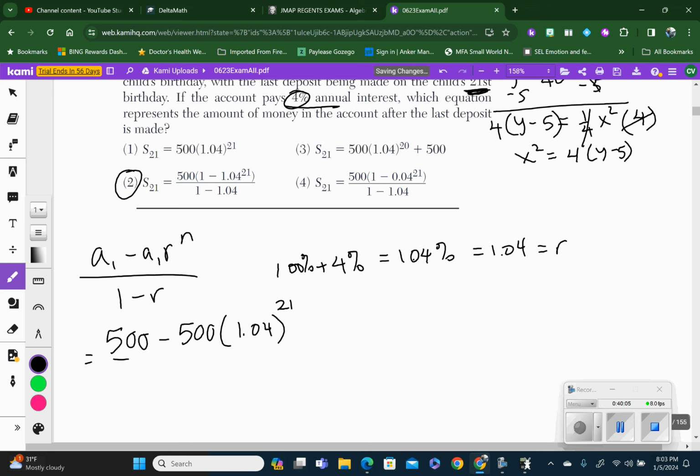And then on the bottom is 1 minus our R, which is 1.04. So we're looking to see which one is the same as this. Doesn't look like 1 or 3. The difference between 2 and 4 is that 4 uses the wrong rate here. So that's out. So the only answer that makes sense is 2.